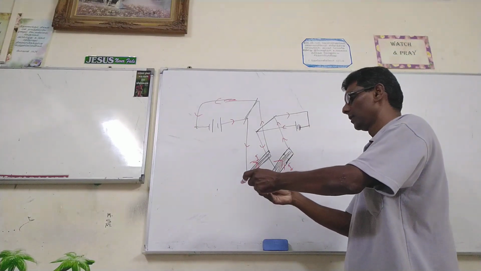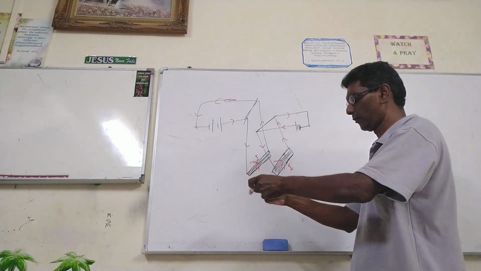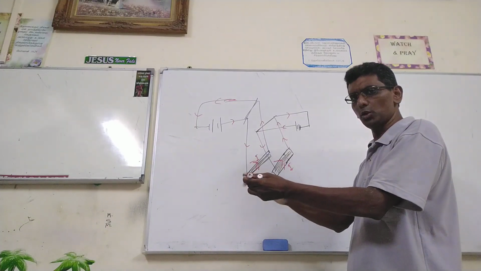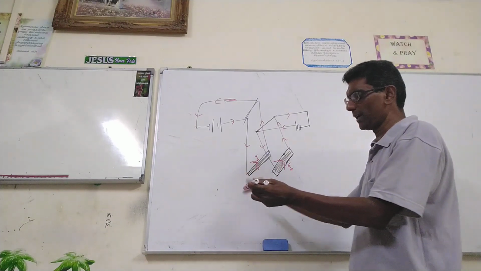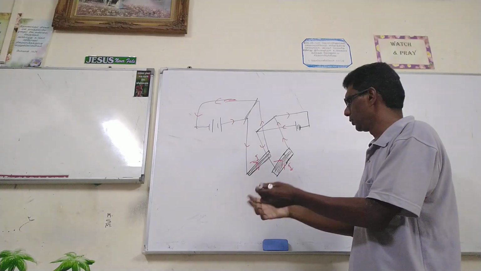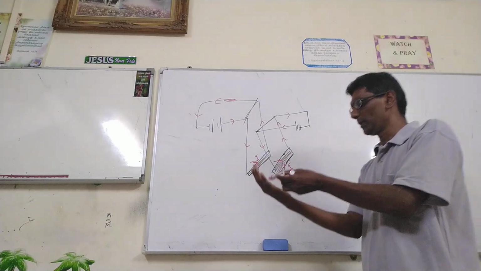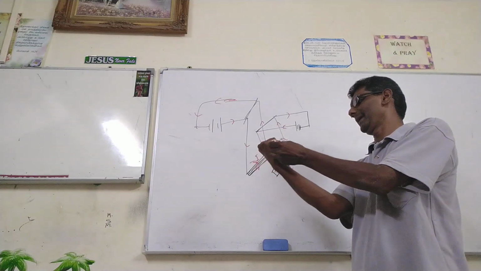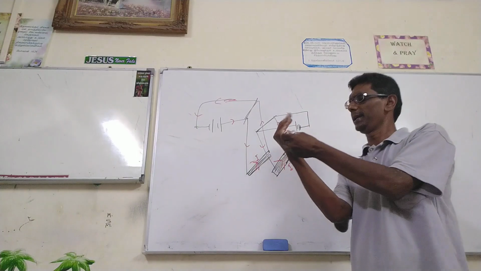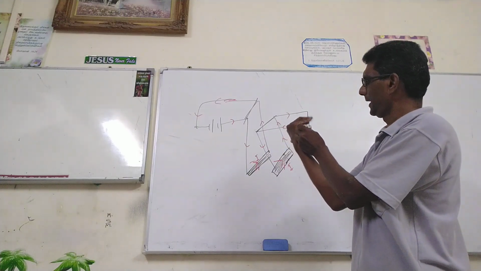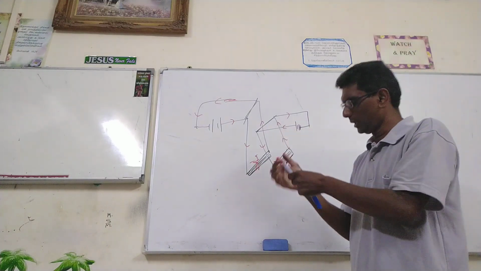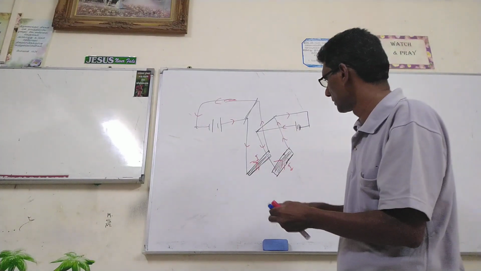The current in these two wires flows into the whiteboard. So when the current flows, you must use the right hand grip rule. Anticlockwise, clockwise. This one is clockwise.